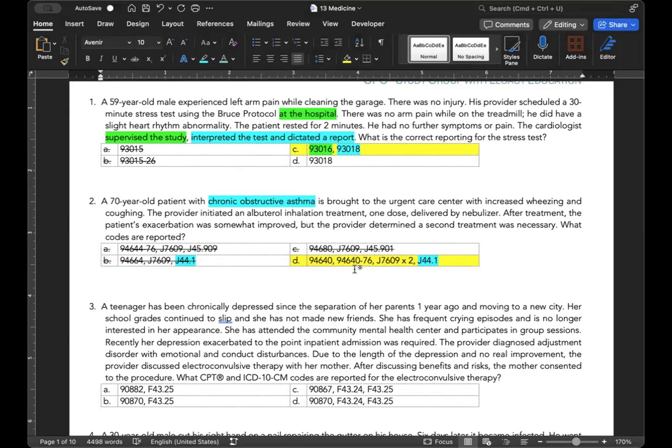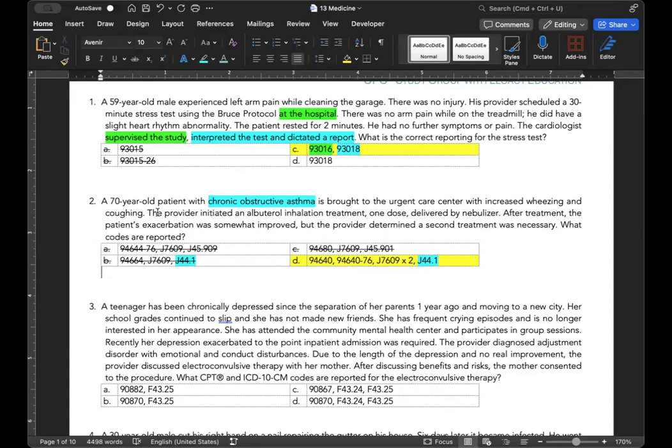So 94640 is a pressurized or non-pressurized inhalation treatment for acute airway obstruction for therapeutic purposes and or diagnostic purposes such as sputum induction with an aerosol generator, nebulizer, meter dose inhaler, or intermittent positive pressure breathing IPPB device. And then we have parenthetical notes underneath that tell us for more than one inhalation treatment performed on the same date, we should append our modifier 76.